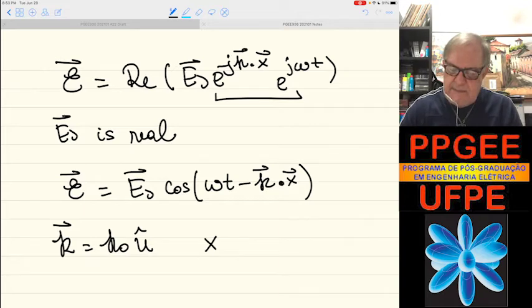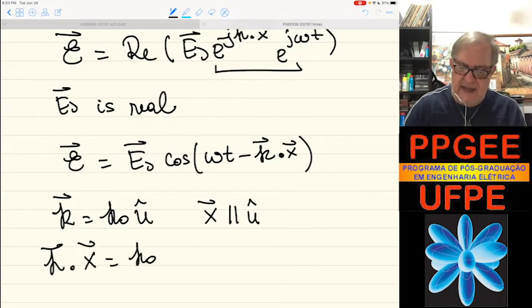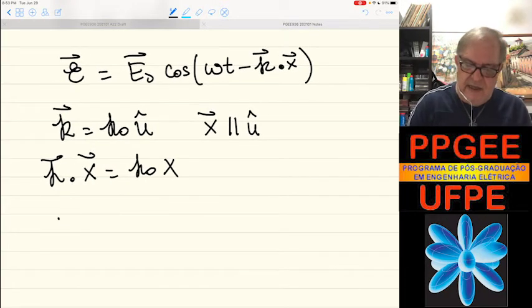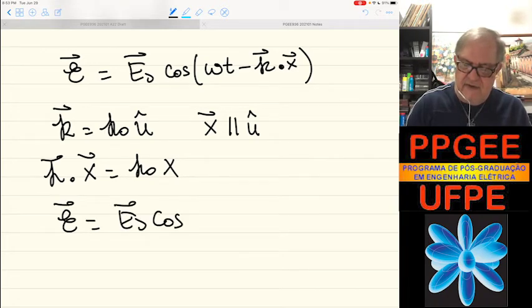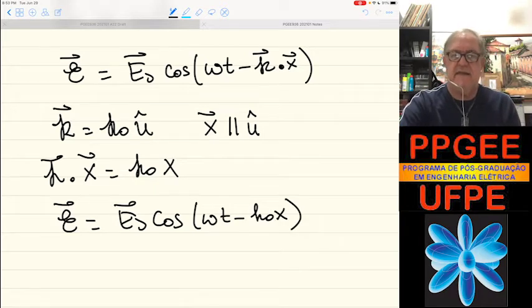If I choose x parallel to u, so k dot x equals k0 times x. x is the, you know, the quantity. So E equals E0 cosine of omega t minus k0 x.